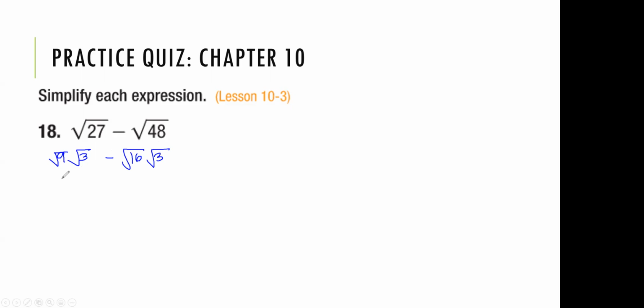The square root of 9 is 3. And then the square root of 16 is 4. So now we have like radicals here. So we would subtract 3 minus 4, which is negative 1. And then our radical stays the same. So negative 1 times square root of 3 would just be negative square root of 3. Okay.